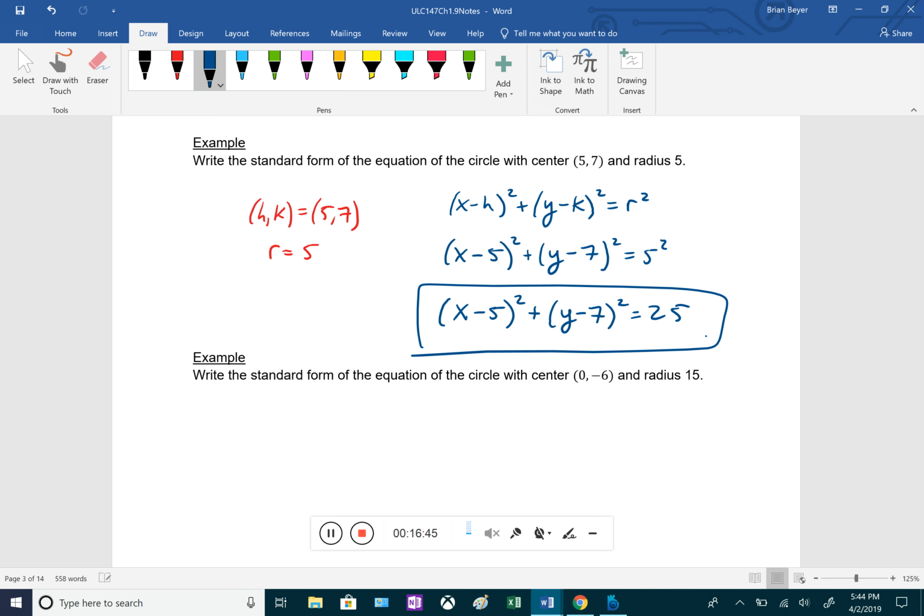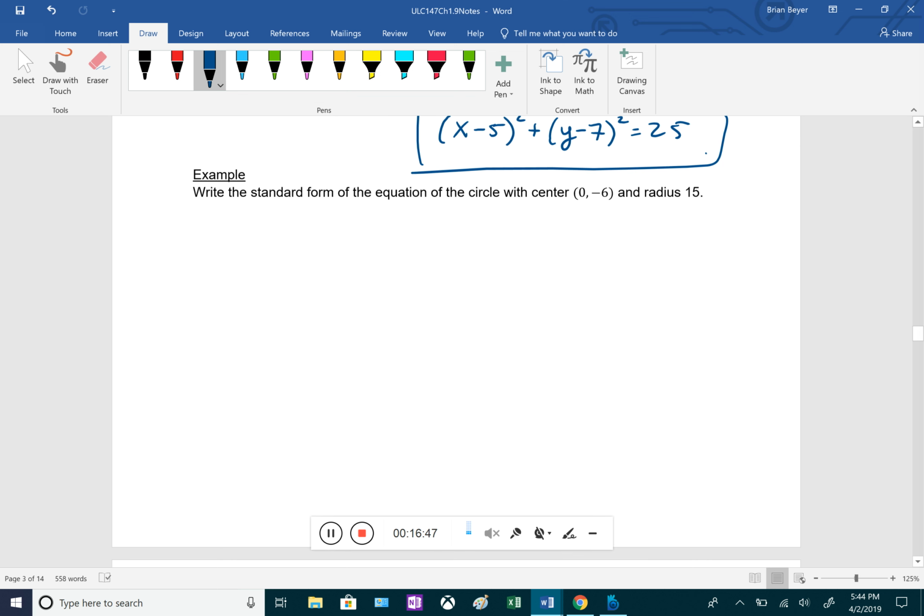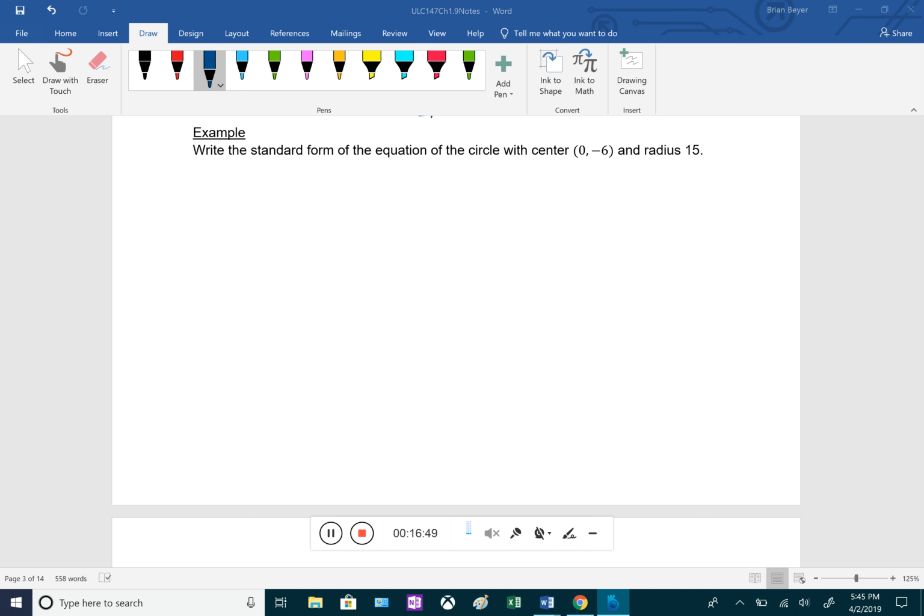And then for the last one here, we want the standard form of the equation of a circle, center 0, negative 6 and radius 15. So our center of our circle, h comma k, 0, negative 6, radius of 15. We plug those in, (x minus 0) squared plus (y minus negative 6) squared.